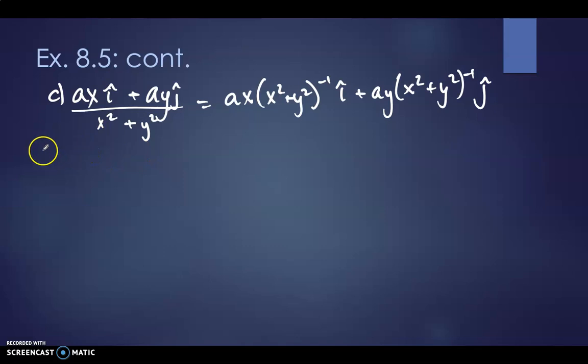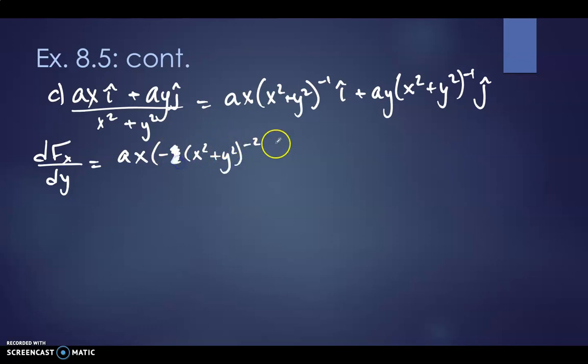Okay, so we first want to do df sub x dy. So that's this first term. So we get the first times the derivative of the second, which is going to be negative 2 times x squared plus y squared to the negative 1.